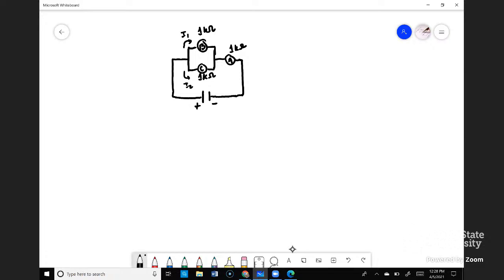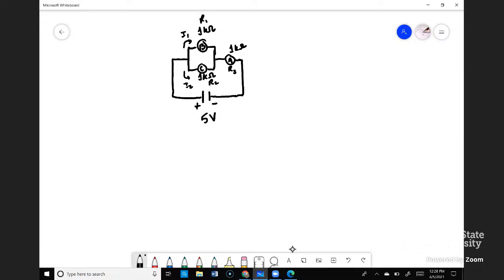So we still need to calculate the equivalent current through the entire circuit. But first we need to figure out what's the equivalent resistance. So that is going to be this guy, call it R1. Actually, back up. Let's call that R3 just because it's on the third step there. This is R2 and this is R1.